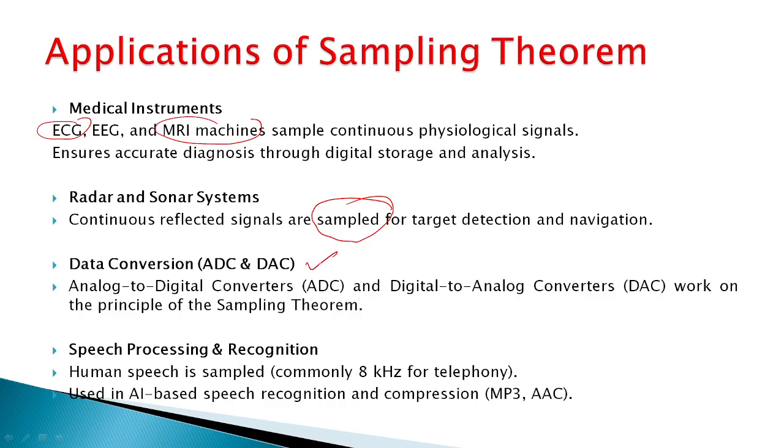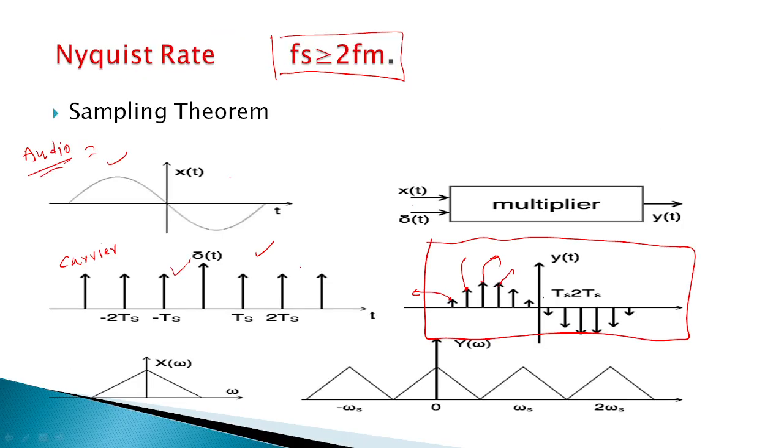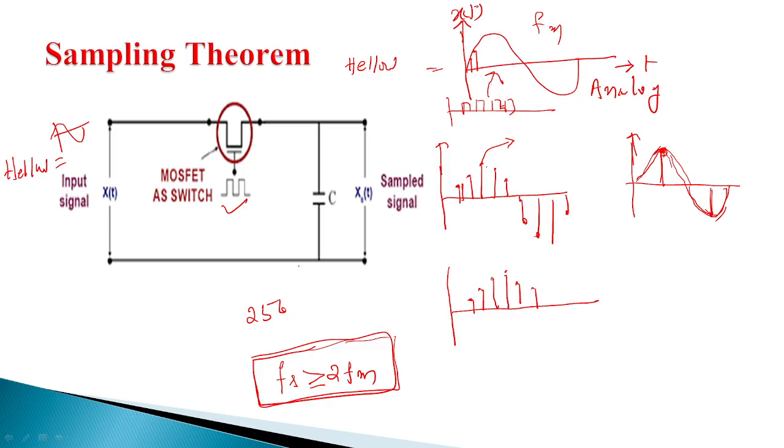Anyhow, A to D and D to A, analog to digital or digital to analog converters, are required for the sampling process. That is the reason sampling is required to convert analog to digital, with different applications.